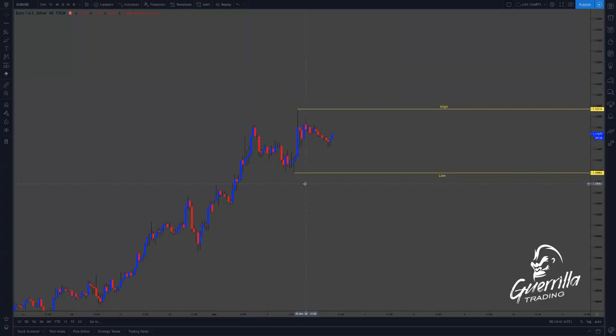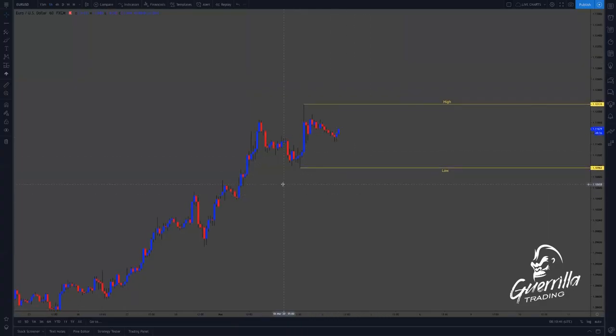So as you can see, guys, we have the Euro US dollar here. And as you can see in current price, we've had this sort of nice push up, but we've had a larger wick. Now, with my own experience in price action, I know when you have a larger wick, we generally have a lot of range bound. So if we know it's likely to be range bound, we can then forecast it.